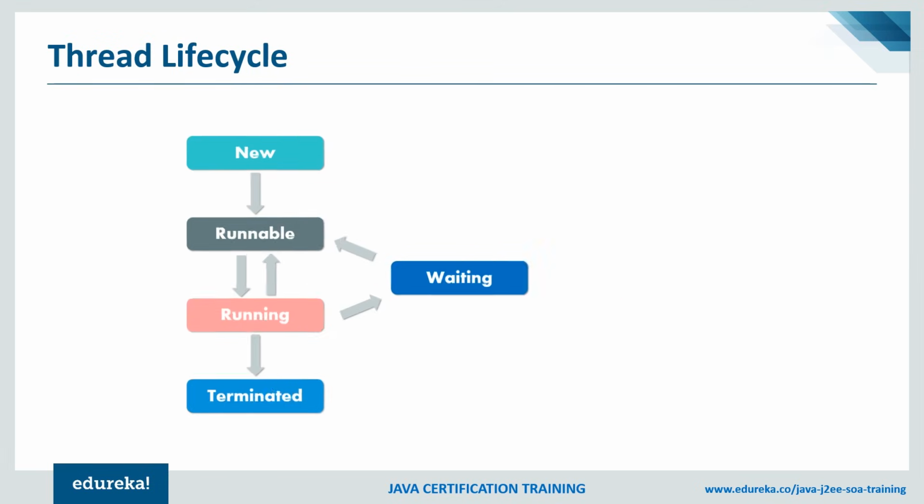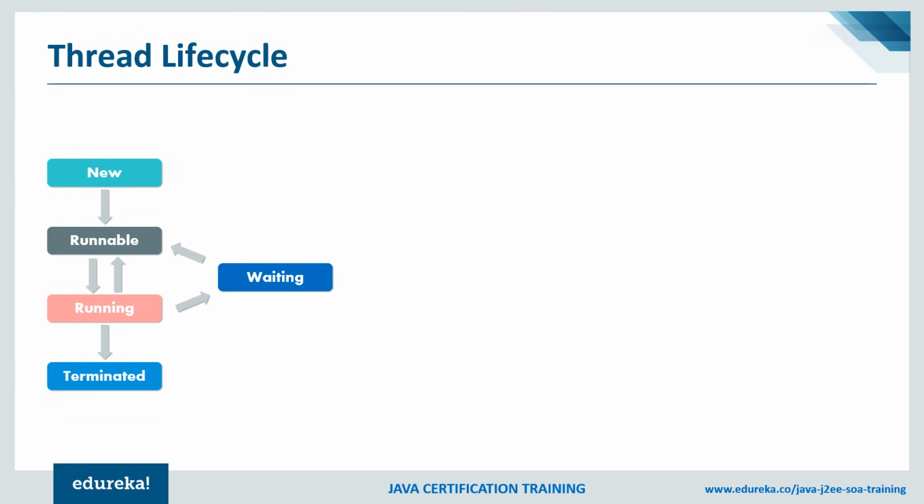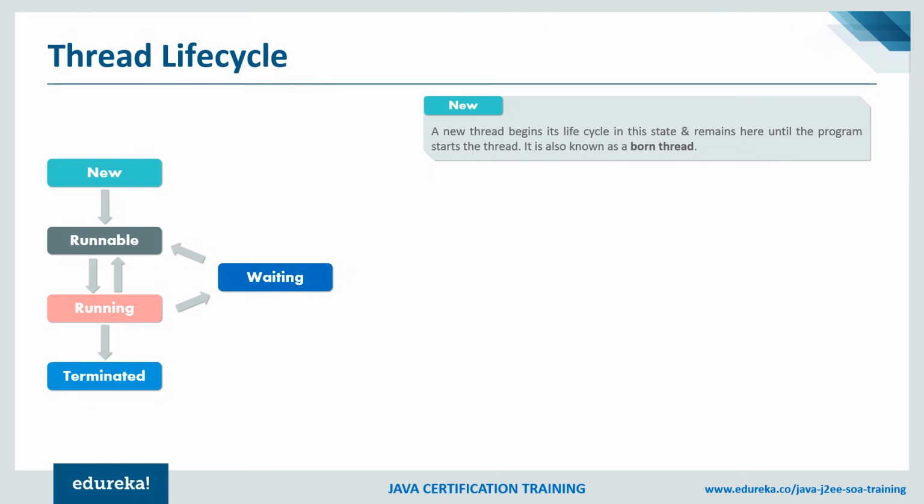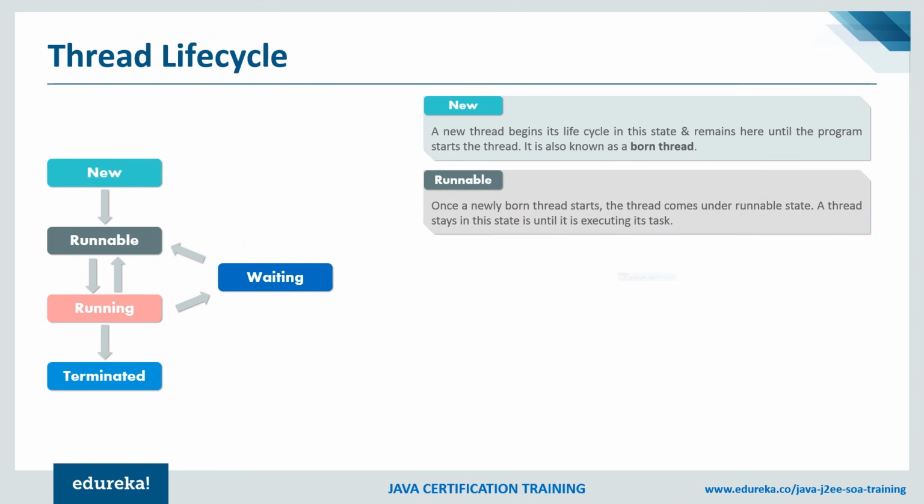So let us have a look at the individual states. What exactly is each state? Having a new state means that we are going to initiate a new object of a thread. You can even say that the thread is just born. It's like creating an object of a thread in the memory. Thereafter, once a thread is created, we start the thread.